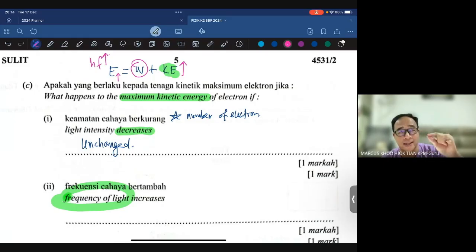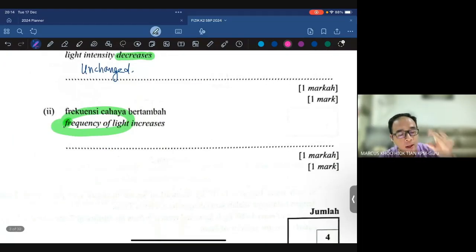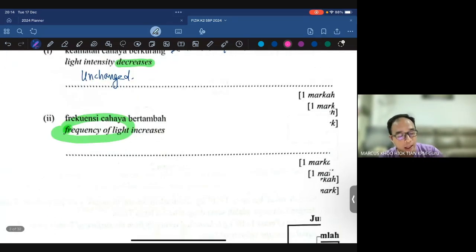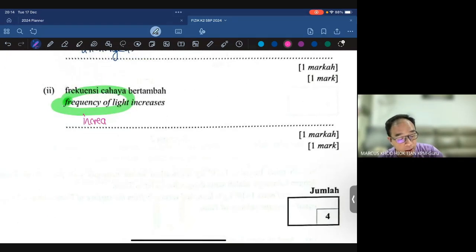The work function is like a condition. You want electrons, you have to pay me some energy, then I will give you some electrons. So the remaining energy you have will be used to move the electrons. So when the frequency of light increases, according to this, the kinetic energy also increases.